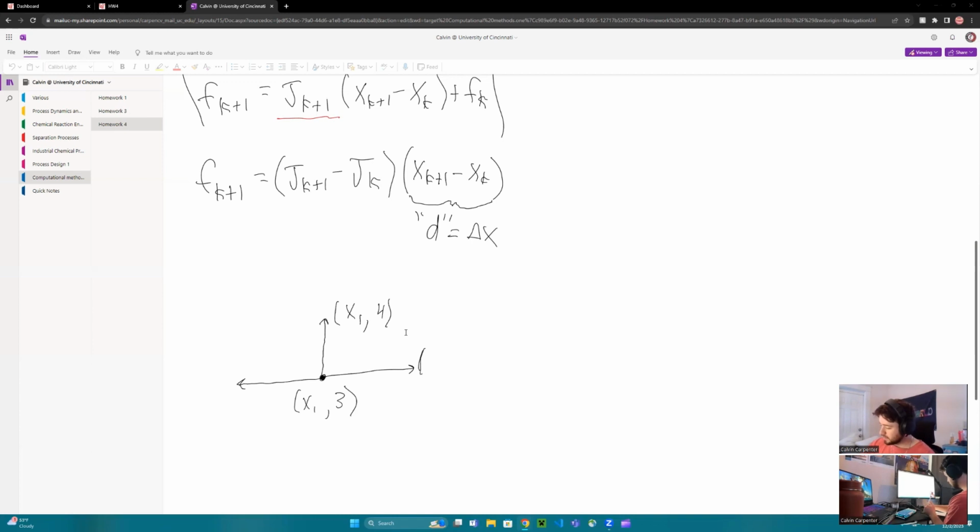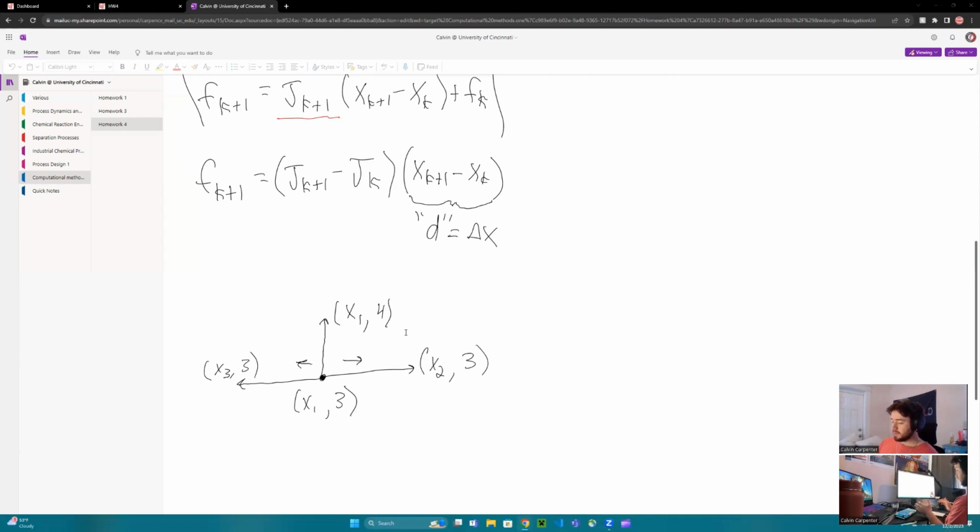I was listening. Call this x2, 3. And then this one's going to be x3, 3. So you have a shift in x, but you don't know which direction it's going to be in.